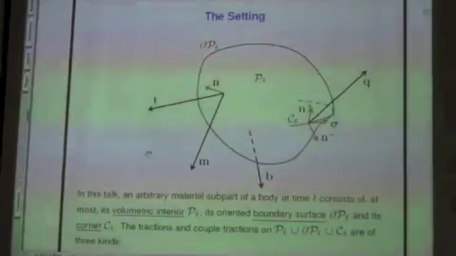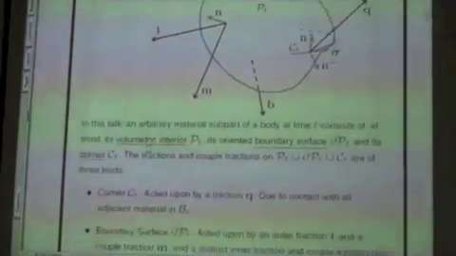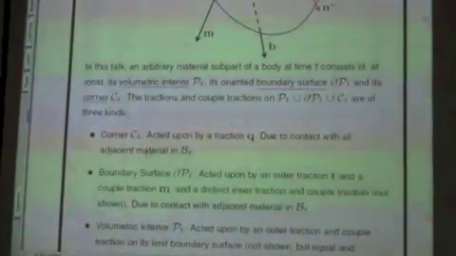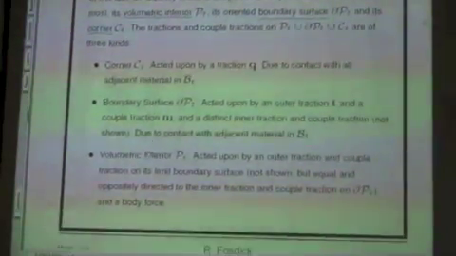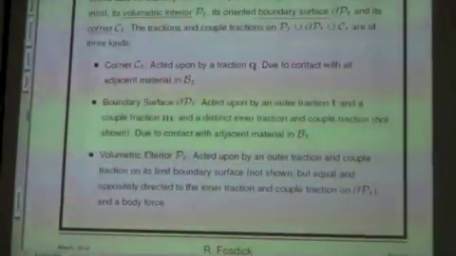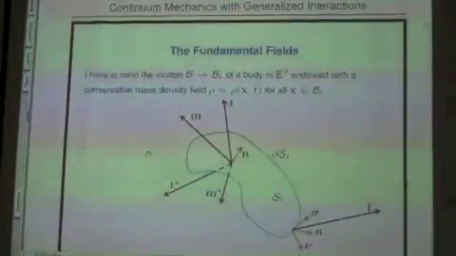And the corner may end, as it's said there. There may be many corners, and I'm just drawing one. So the corner is acted upon by the traction Q due to the contact with all the other adjacent material in B. The boundary surface is acted upon by an outer traction. And there's this volumetric interior which carries this body force. That's what I'm thinking of.